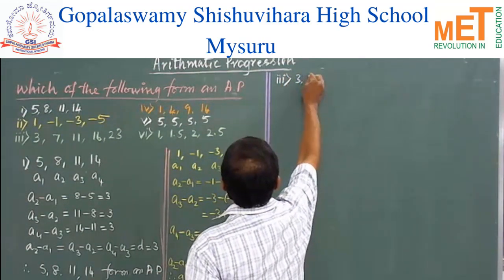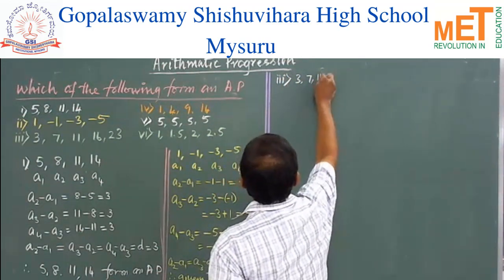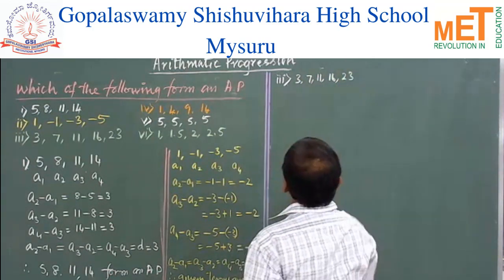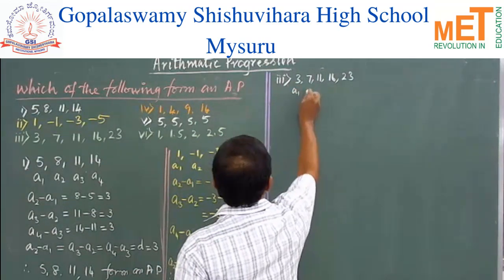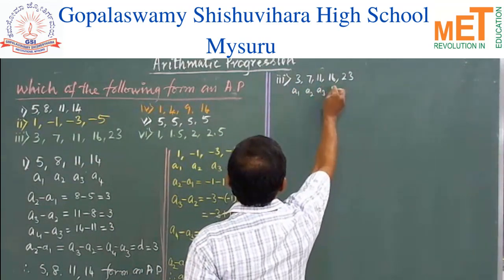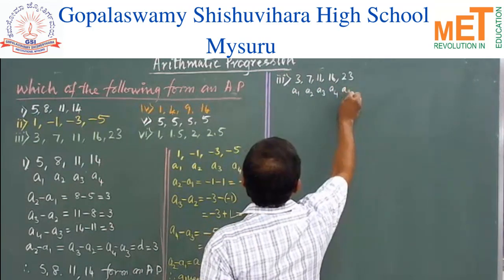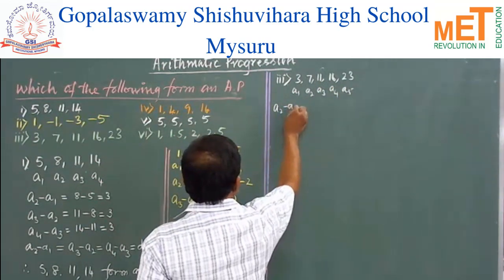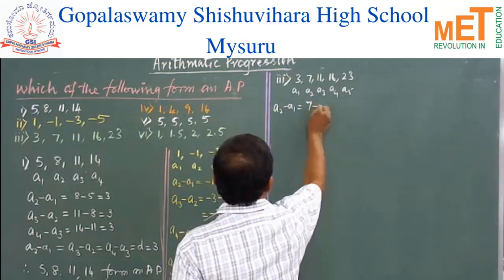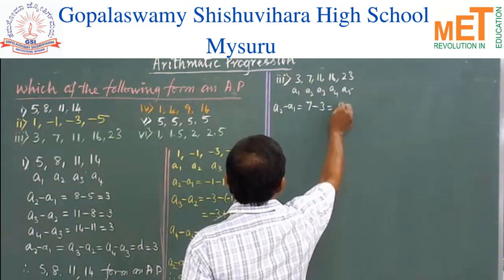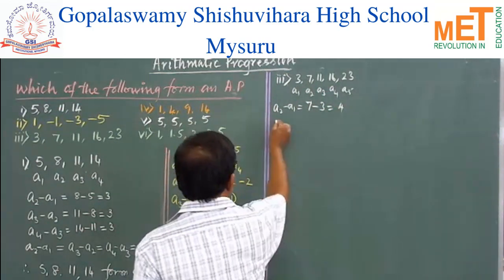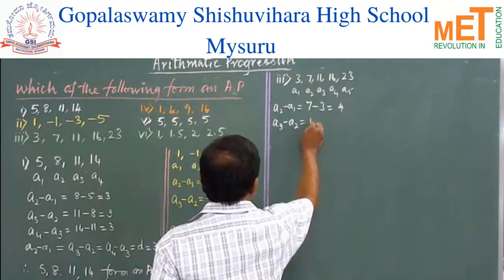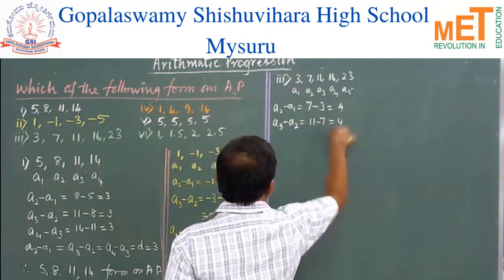The third one, 3, 7, 11, 16, 23. Look at this. What is A1, A2, A3, A4, A5? Now, A2 minus A1 is equal to 7 minus 3 is equal to 4. Next, A3 minus A2 is equal to 11 minus 7 is equal to 4.